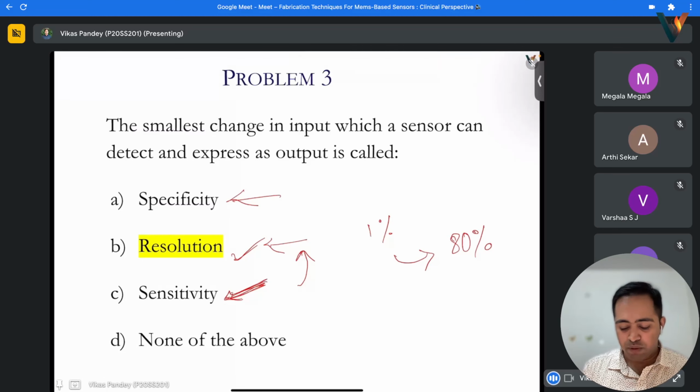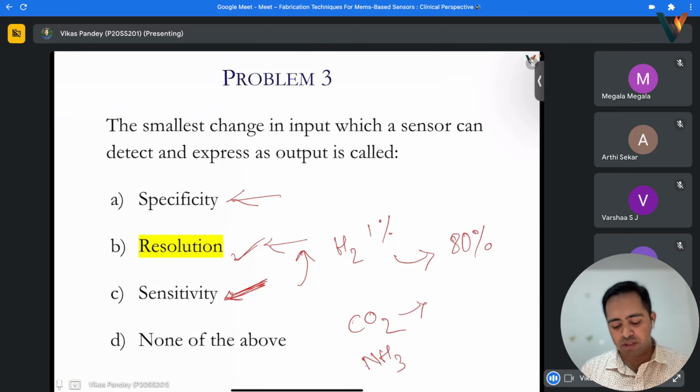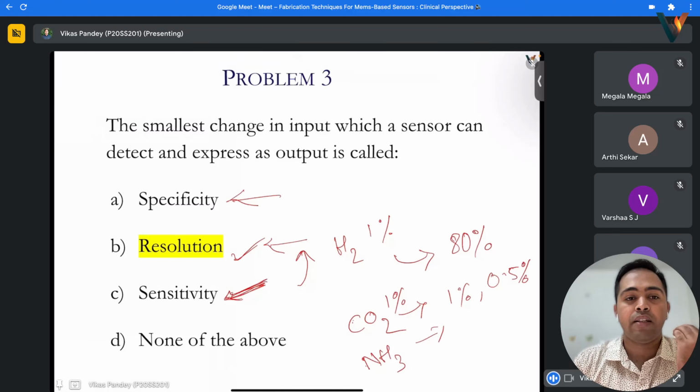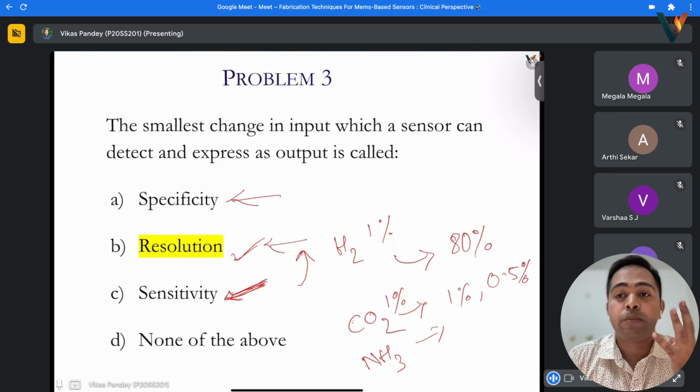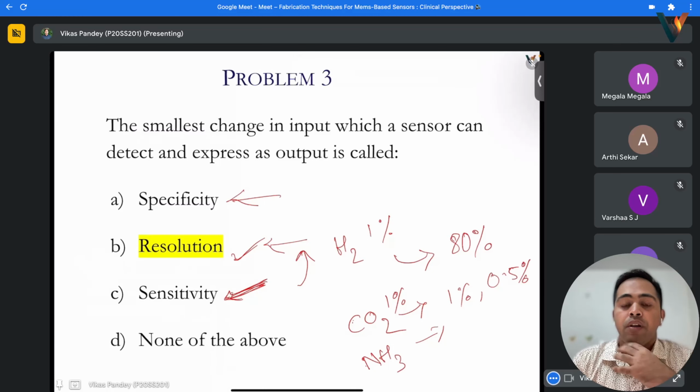But when another gas like CO2 or NH3 comes, for the same amount it will give a very small response, maybe 1% or 0.5%. In this case, we will say that this sensor is specific to H2.